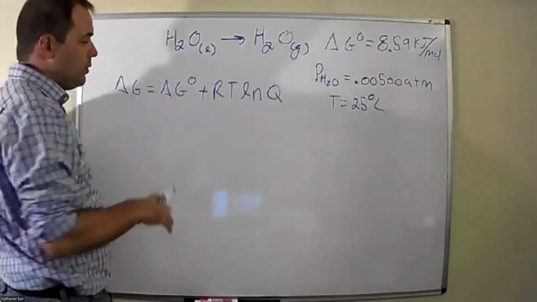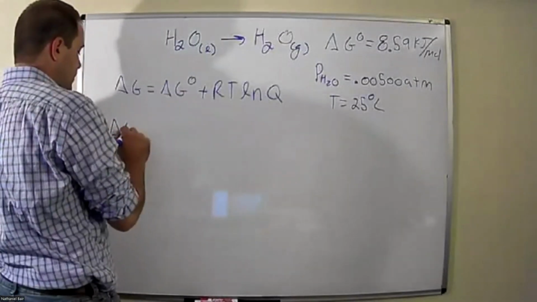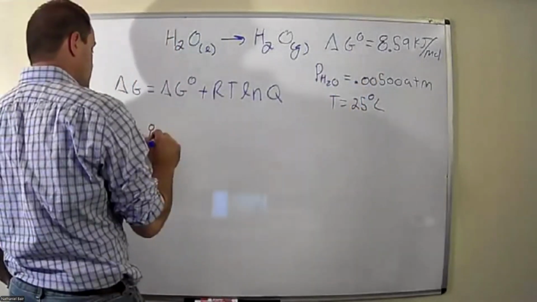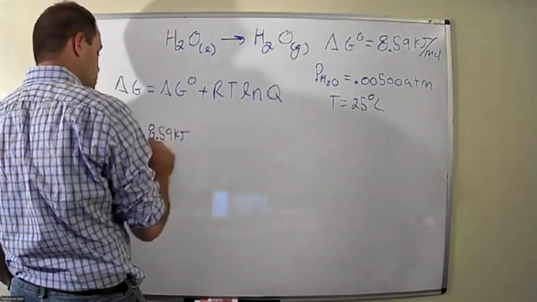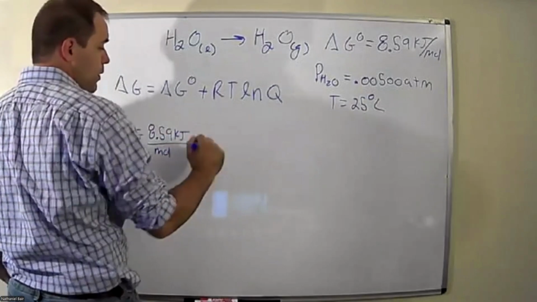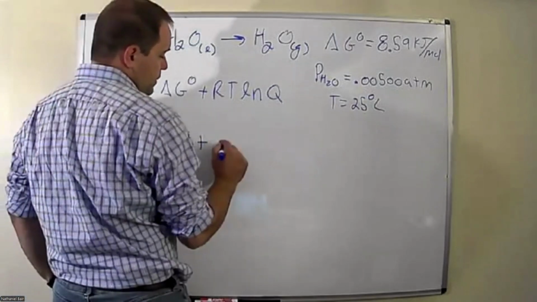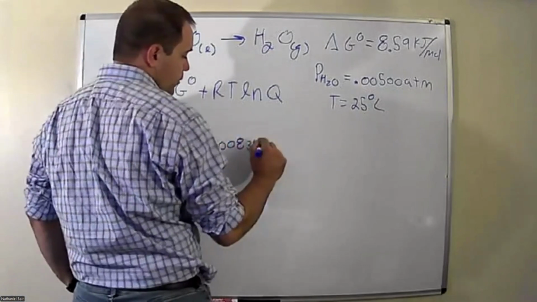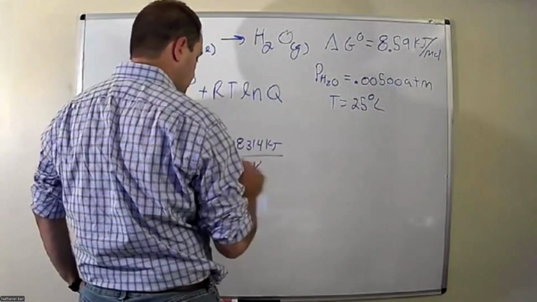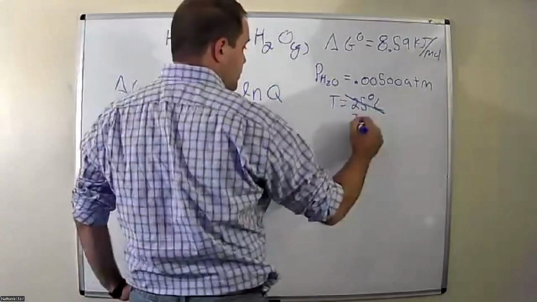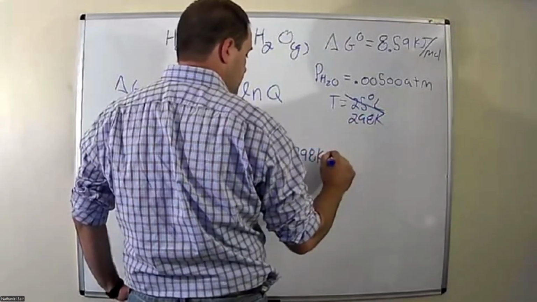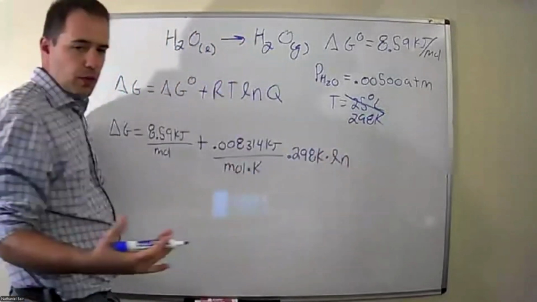How do we do that? Well, we're going to say our delta G under non-standard conditions equals our delta G under standard conditions, 8.59 kilojoules per mole, plus R, which is 0.008314 kilojoules per mole times Kelvin, times the temperature, which is 298 Kelvin, times the natural log of the reaction quotient.